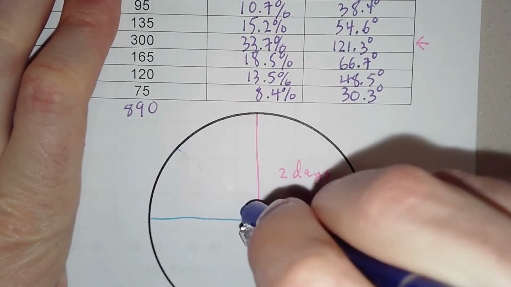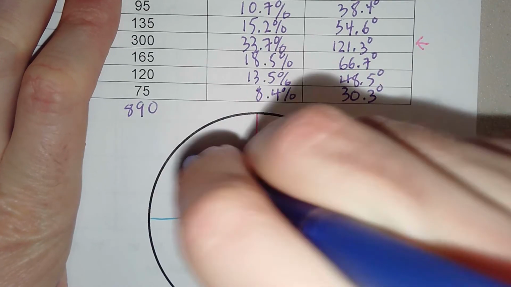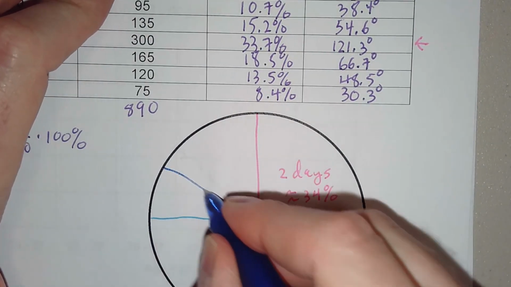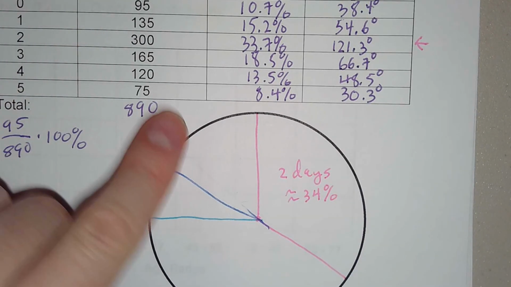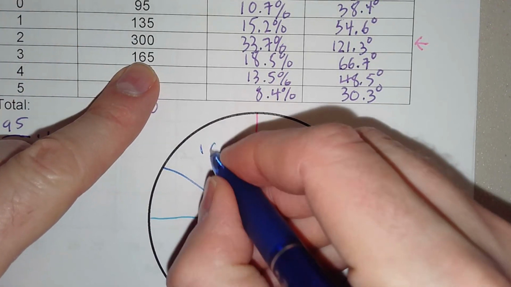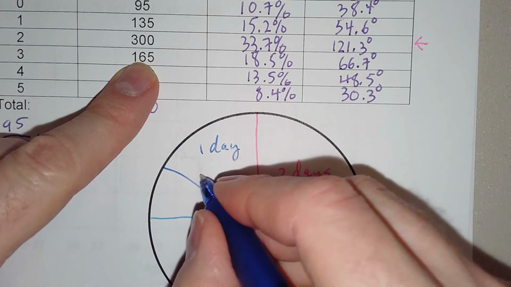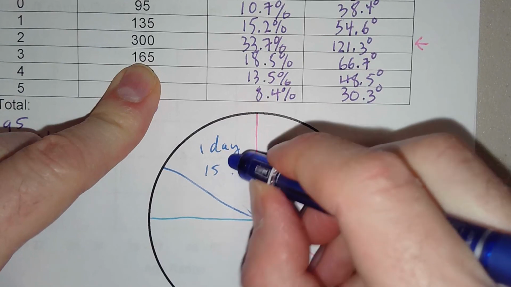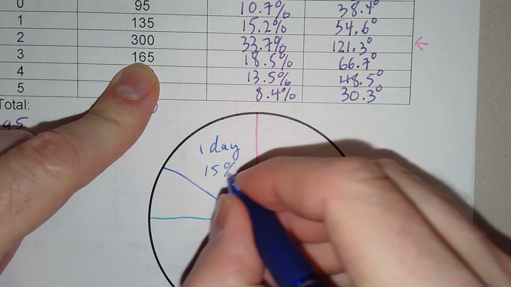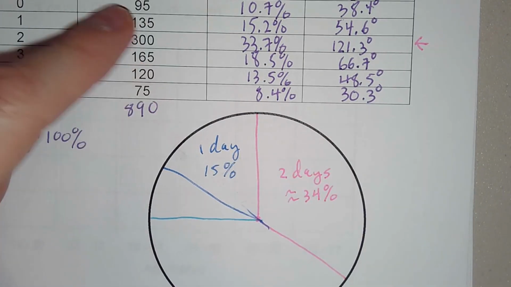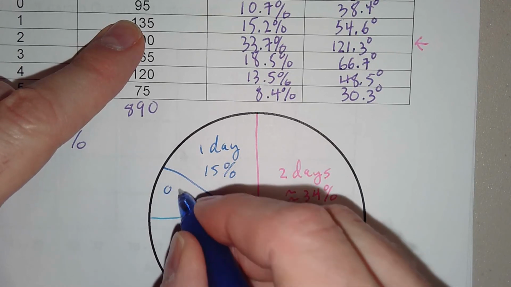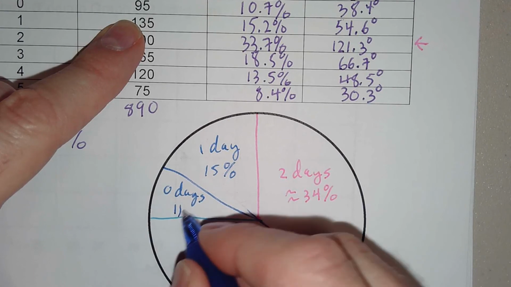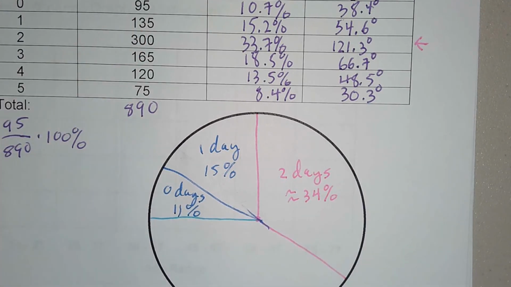Let's make it a little bit more obvious. So this would be 1 day at 15.2 or 15% if we round that off. And then this would be 0 days, and that's about 11%.